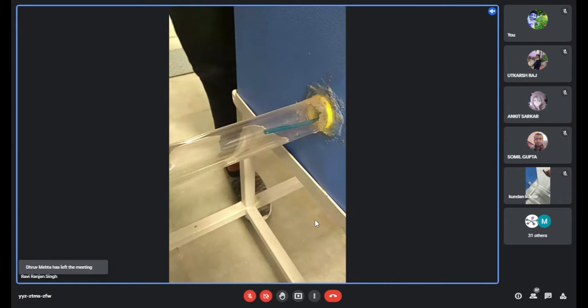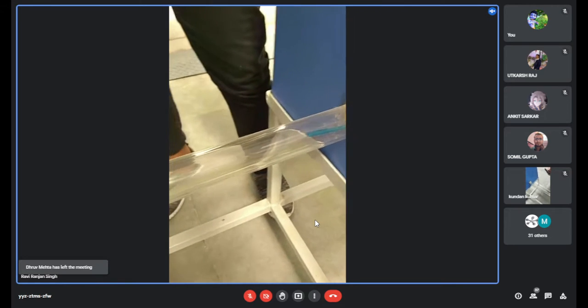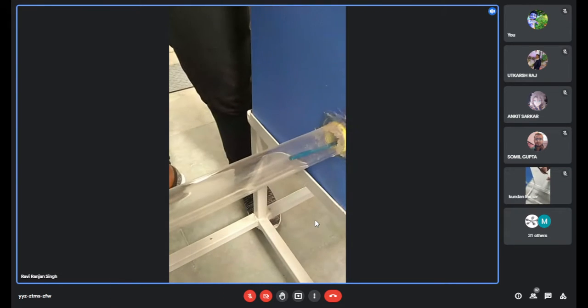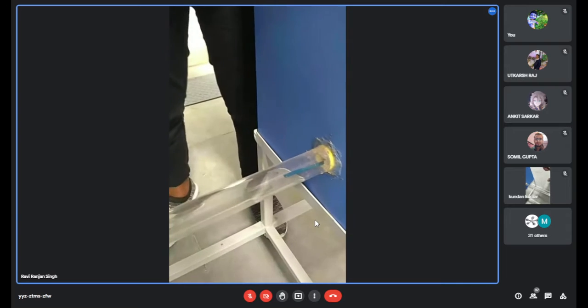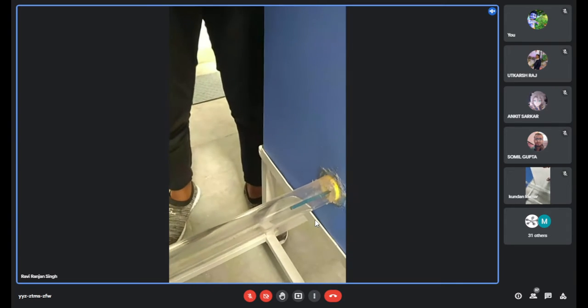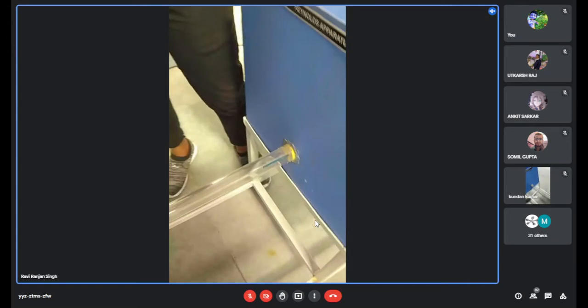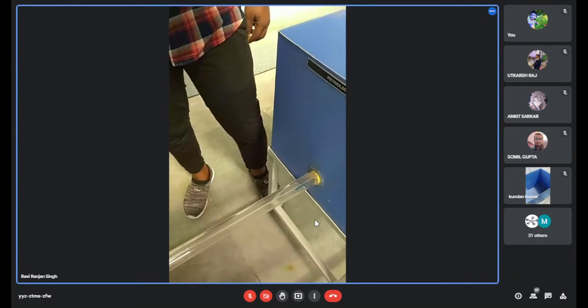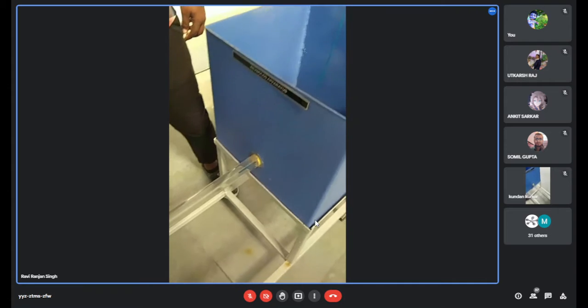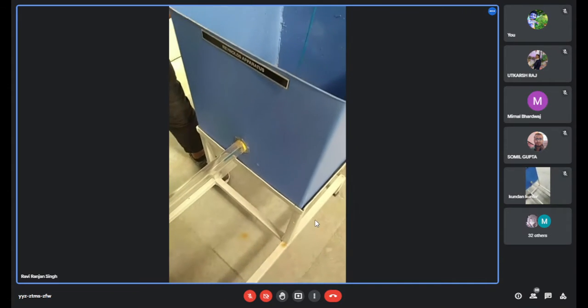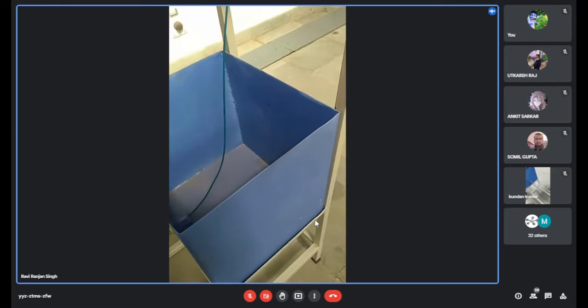If the dye appears smooth and in one line, we say it is laminar. If it is uneven and in zigzag motion, we call it turbulent. And if the dye mixes with the flow, we call it turbulent flow. After that, we will calculate the flow and the Reynolds numbers.